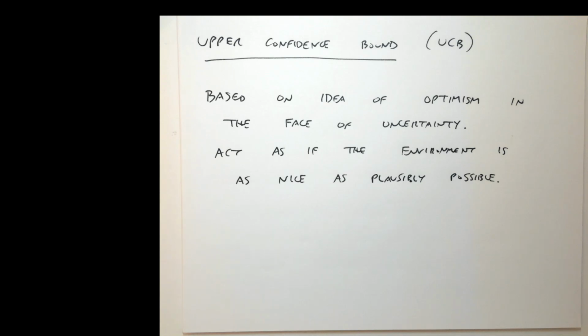So the idea is I'm still going to be trying out different arms, and then once I pull the arms and I think about my model for each of the means, I'm going to say, okay, I take what my sample mean is, and then I have an upper bound on how big I think the mean could possibly be based on my observations.